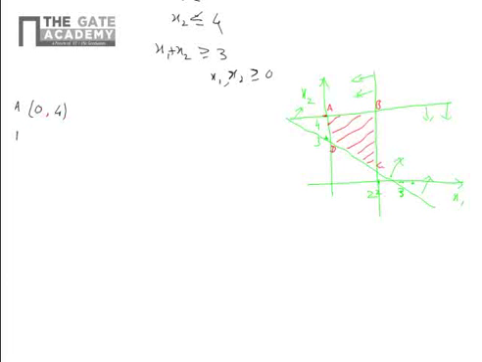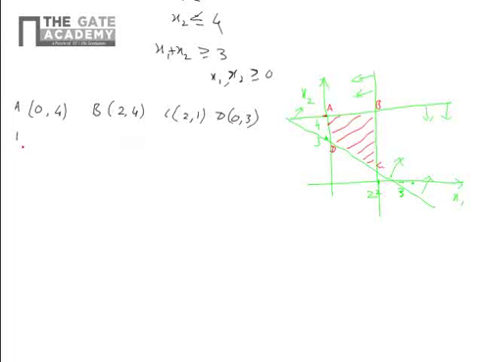Next, B is 2 comma 4. If you solve those two equations, then you will get that C is 2 comma 1. D is 0 comma 3.